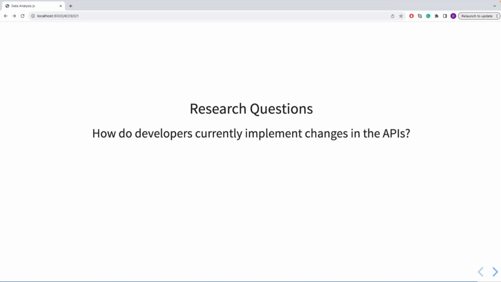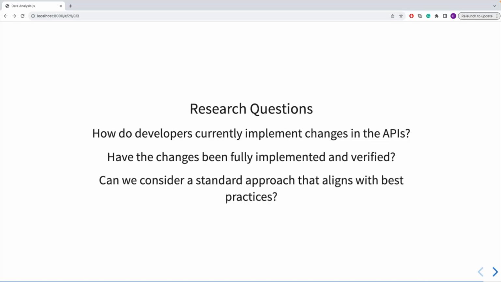I also have research questions to continue. The first one: how do developers currently implement changes in the APIs, with tools or manually? The second one: have the changes been fully implemented and verified?